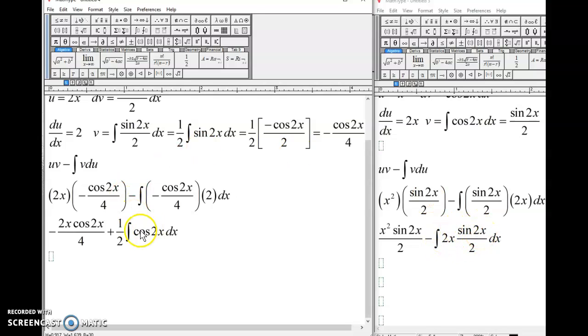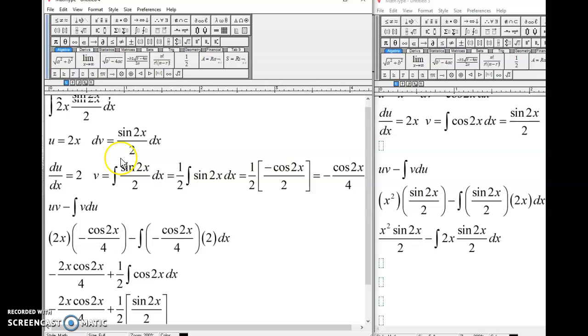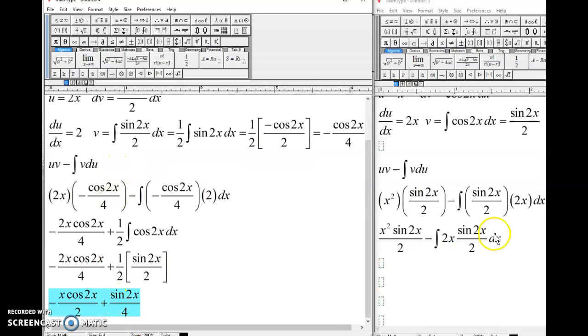So for this one, we can solve it directly. Okay, so just solve it, and this is the answer for this integration.